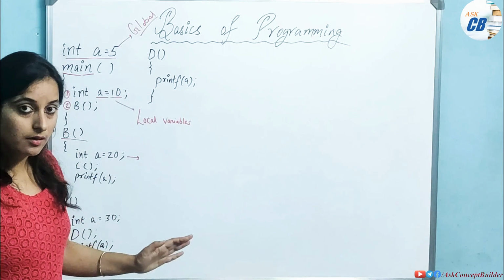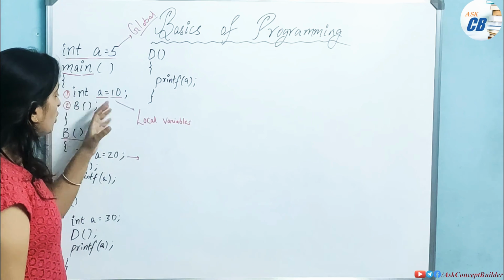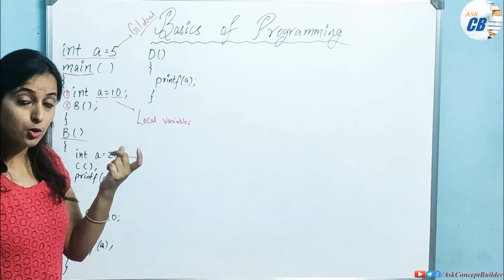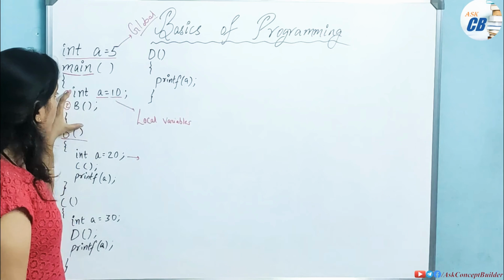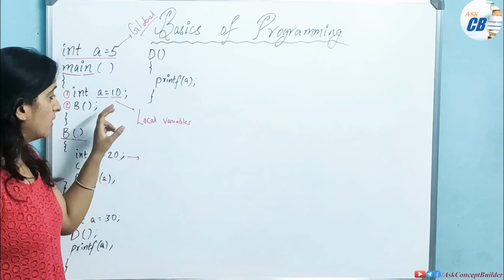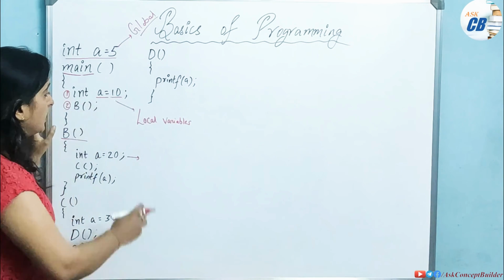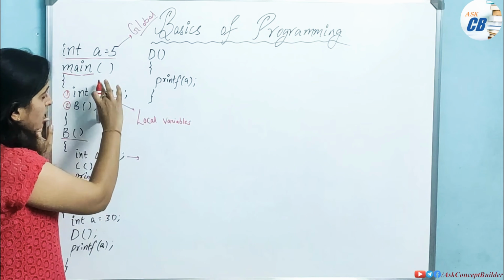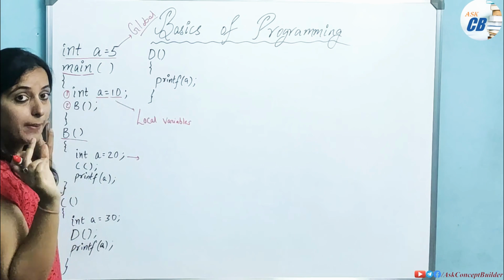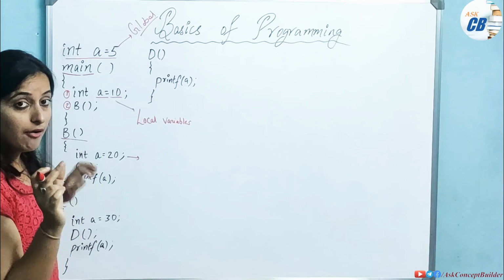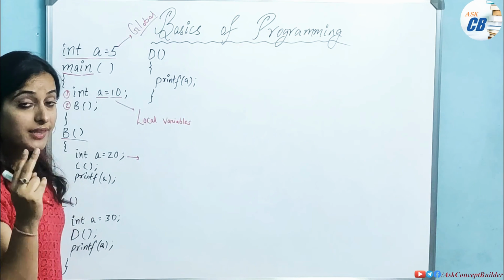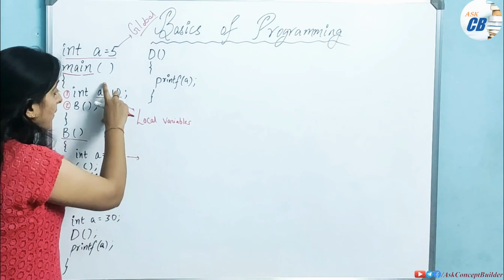Yes, this is possible. How? If you are using that variable in a particular function. Like this a, the value is 10, you are using in this function only, but you cannot have two variables with the same name inside a particular function.